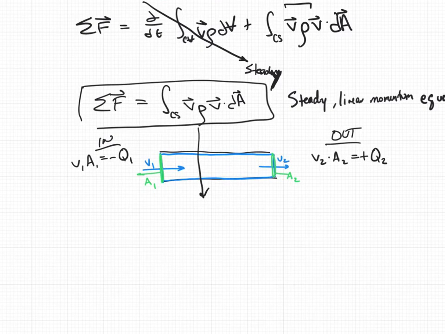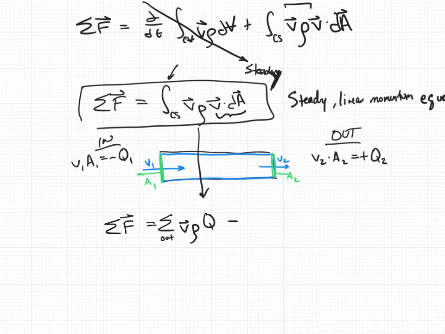So what I'm going to do is break this up like this. The sum of the forces equals this V dot dA integral, and that's just Q. So I'm going to say V rho Q for the outs, and those are positive.